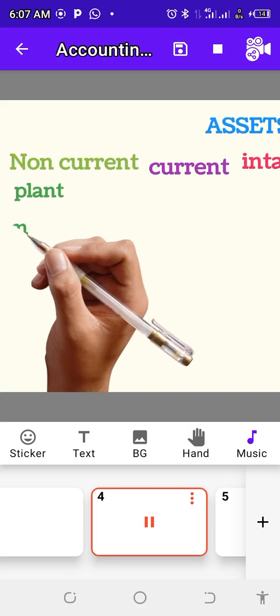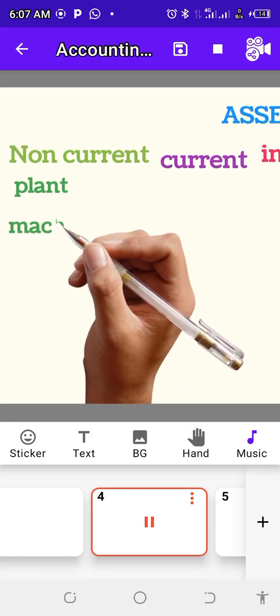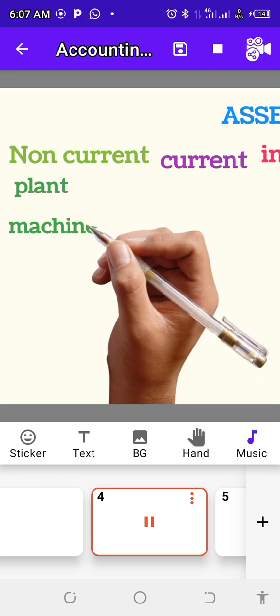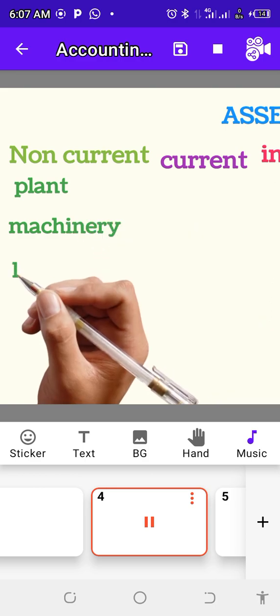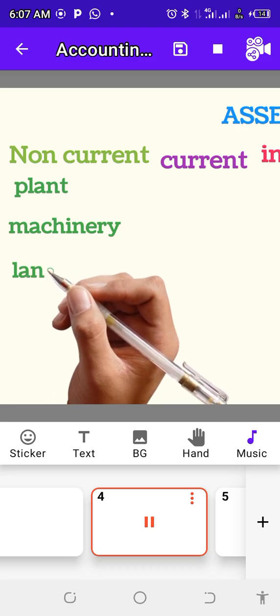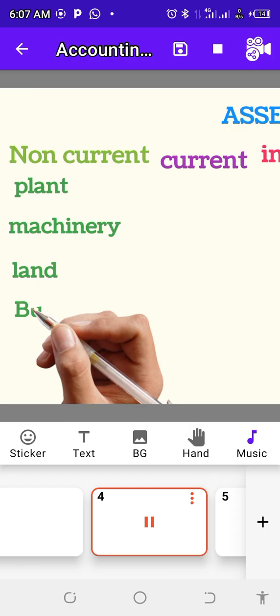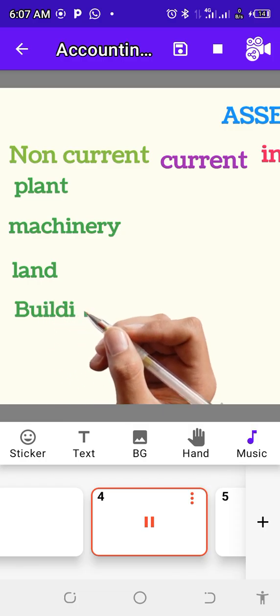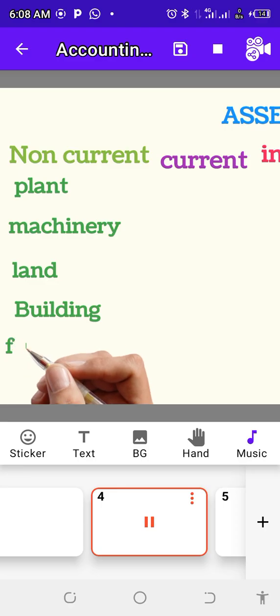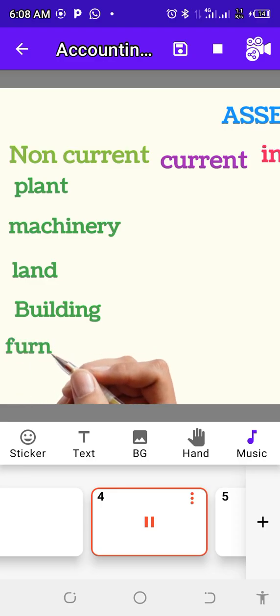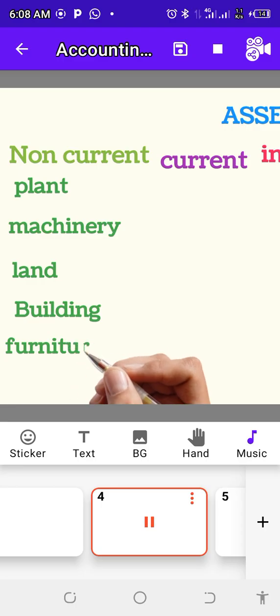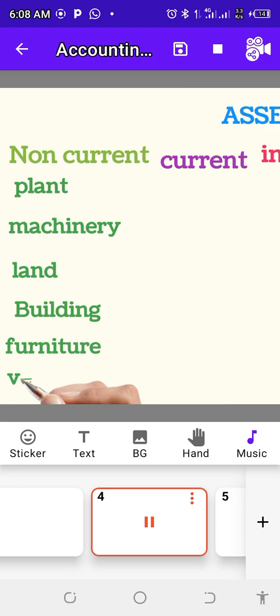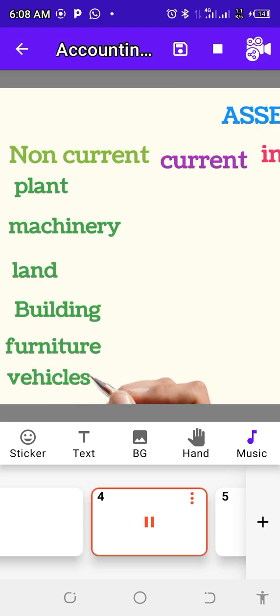Non-current asset examples are plant, machinery, land and building, furniture and fittings, and vehicles, etc. Those are examples of the non-current assets.